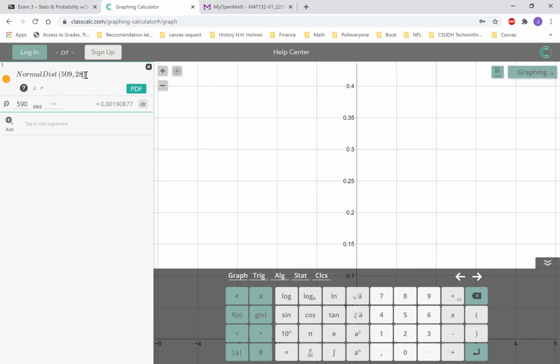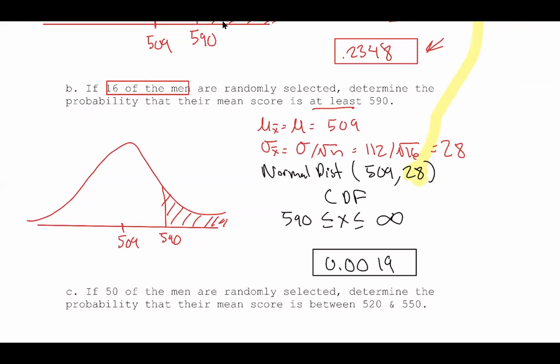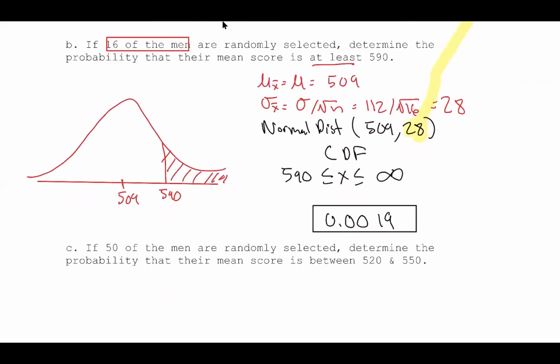So we'll say 0.0019. And that's your final answer for part B. So part B is less than 1%. Any question in regard to part B? No, sir. All right, let's do part C.